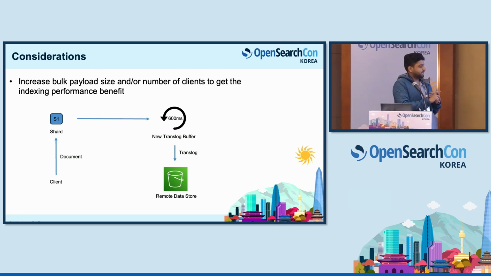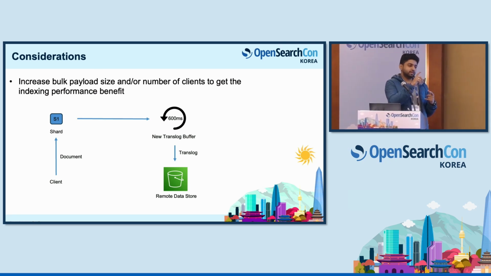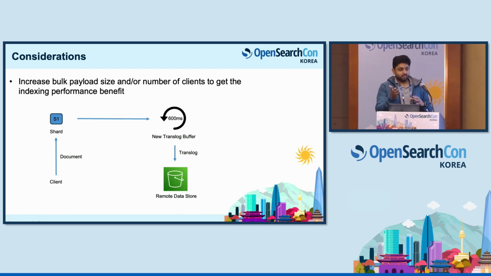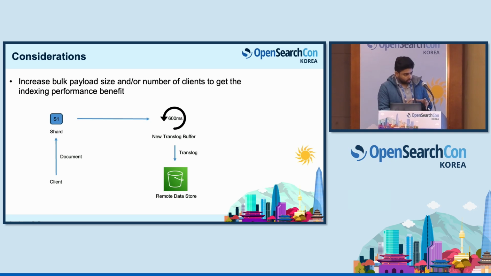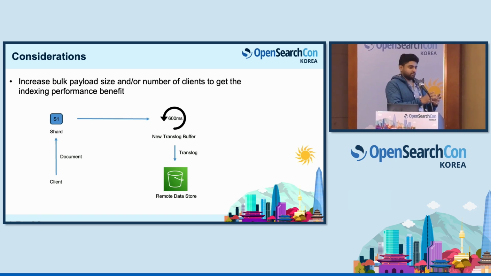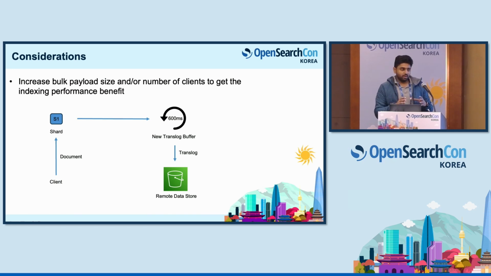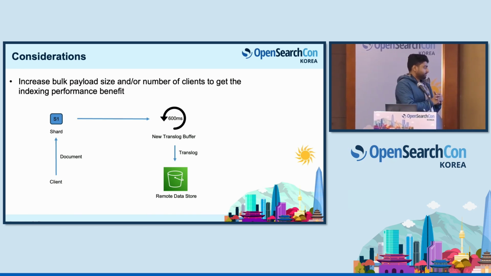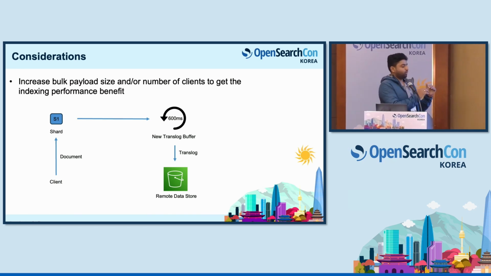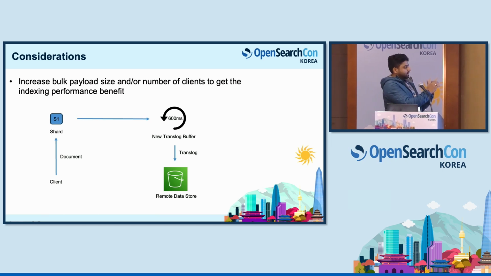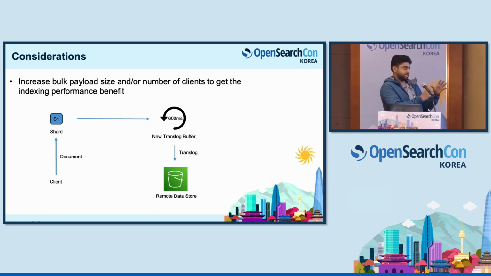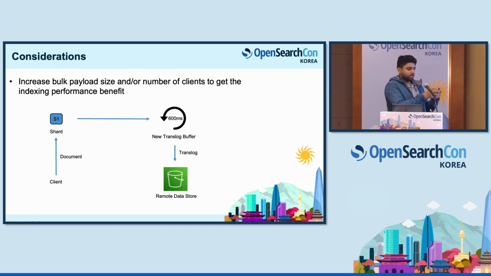Now, if you keep uploading for each request that comes to a remote store like S3, your indexing latencies will spike up. So to control that, we added a new buffer, which is the translog buffer. This comes in the segment replication world with remote store, where all the requests that are coming in that buffer interval, which is, let's say, 600 milliseconds, will be pooled together to be uploaded to remote store.